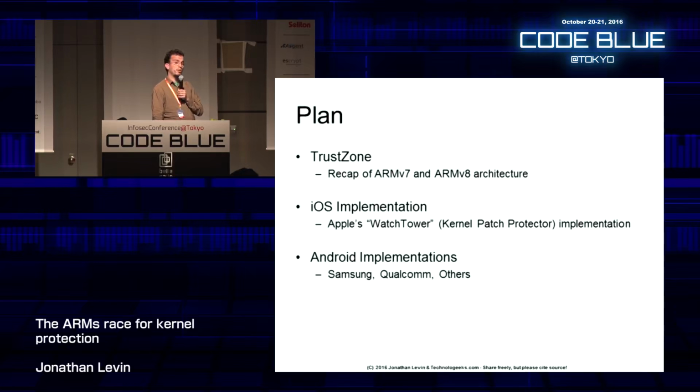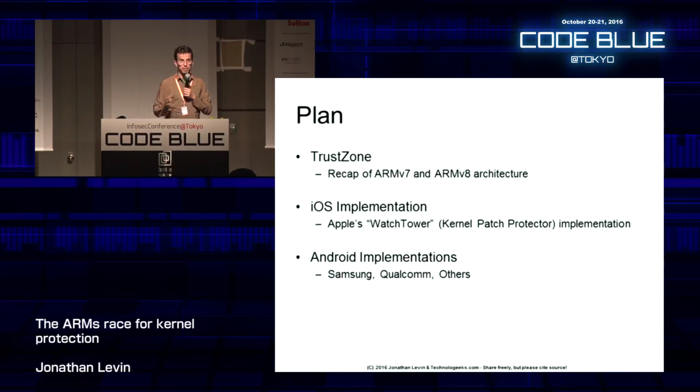And then we've got the Android implementations, and notice I'm saying implementations in the plural, because Android is a very open and wide operating system that Google just lays the foundations for, but every vendor is pretty much left to their own devices as to the exact implementations, which flavors, which specific drivers and which hardware they implement it on. And because TrustZone is a hardware-dependent feature, the implementations will in fact vary. But that's generally what we're going to talk about.